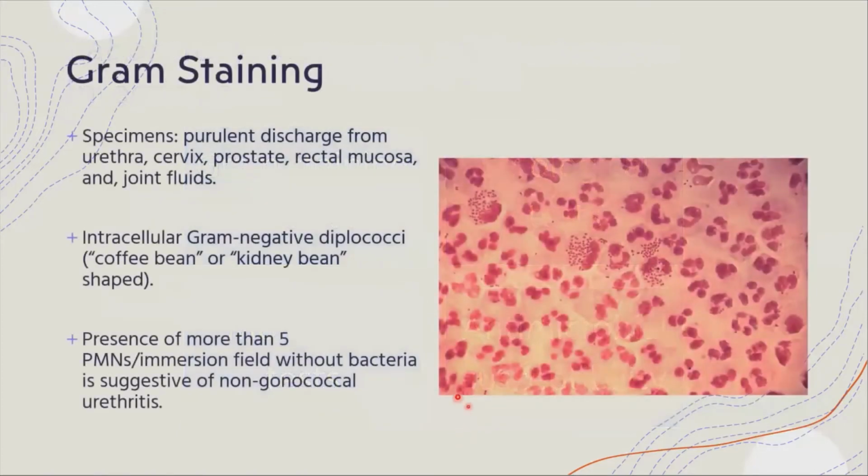For gram staining, of course, the specimens that we use for direct microscopic examination as well as for culture, so purulent discharge from the urethra, cervix, prostate, rectal mucosa, yung mga eye swabs, and joint fluids in the case of purulent arthritis. So ito yung mga ginagamit natin for direct microscopic examination.